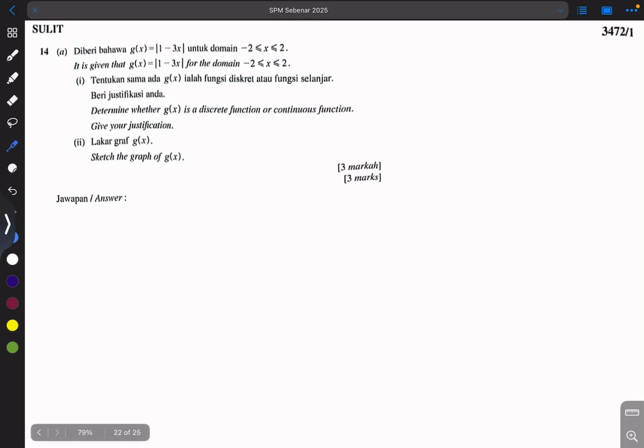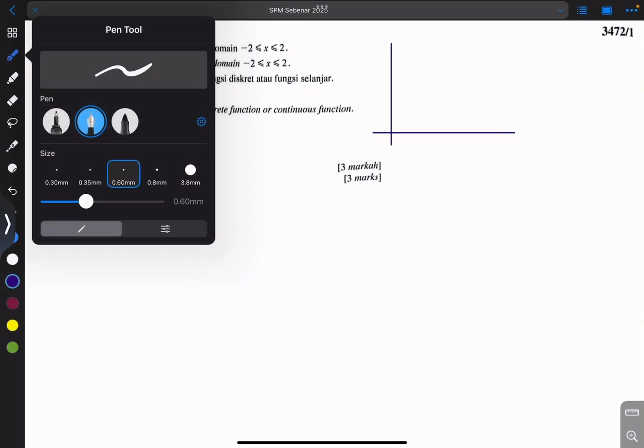14. Okay, it is given that g(x) is this for this domain. Determine whether g(x) is a discrete function or a continuous function. Okay, a discrete function means you have individual values of x.